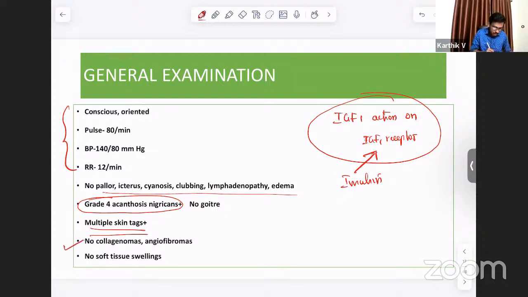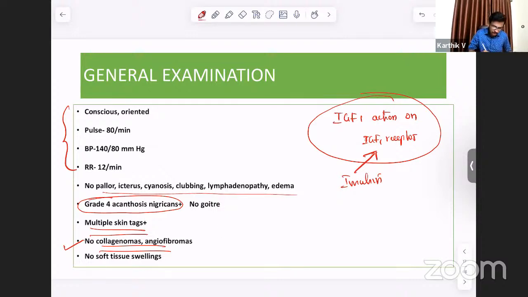Now, can anyone say what is the link between collagenomas, angiofibromas in a patient with hypoglycemic disorder? Anyone? Hypoglycemic disorder in a patient, and on examination you find small bumpy swellings on the skin, on the abdomen, on the face, and around the vermilion border of the lip, and on the nasolabial folds you identify small papular lesions which are angiofibromas.